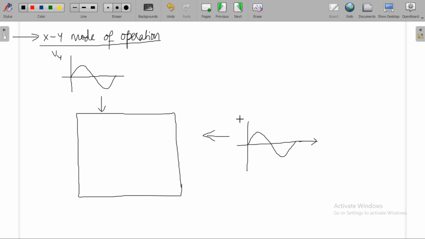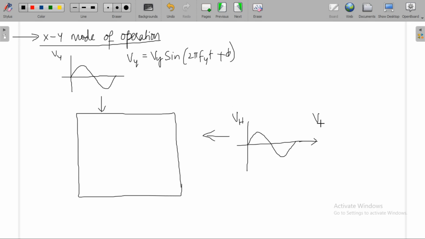This is Vy or Vx. This sinusoidal signal is given to the Y input, and this sinusoidal signal is given to the X input. Let Vy is equal to Vy sine 2 pi fy t plus phi.